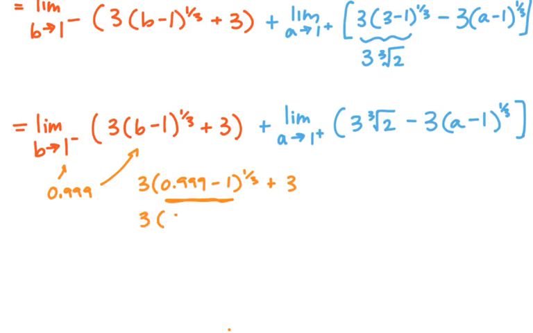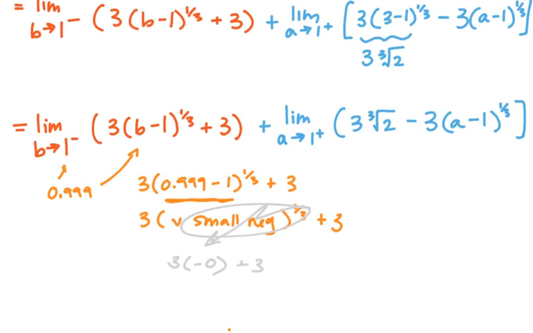So I have 3 times the cube root of a very small negative, plus 3. And the cube root of a very small negative is also going to be a very small negative number. So it's essentially saying 3 times negative 0 plus 3, and we get that the limit for this first part is positive 3.